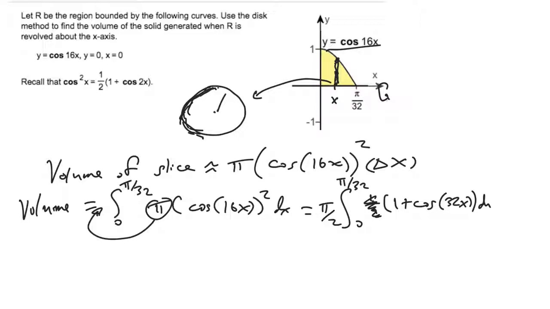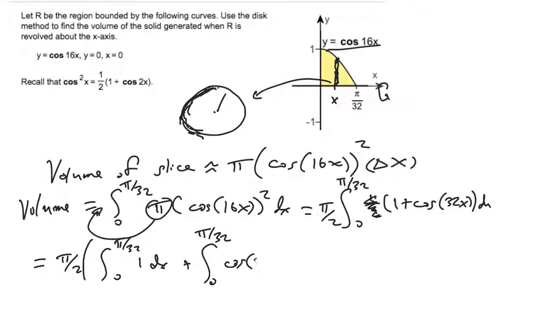Now I'm getting pretty close. This is pi over 2 times the integral from 0 to pi over 32 of 1 plus the integral from 0 to pi over 32 of cosine 32x.